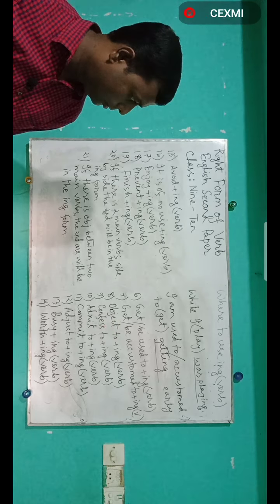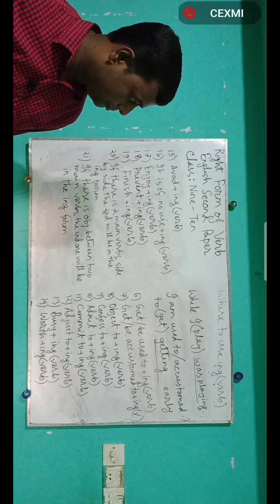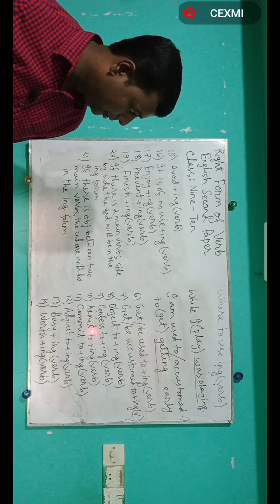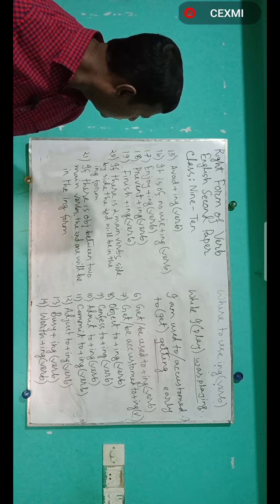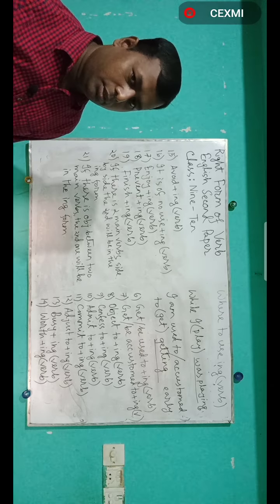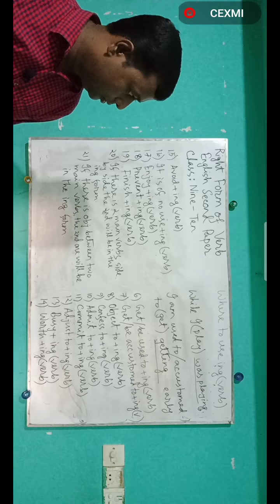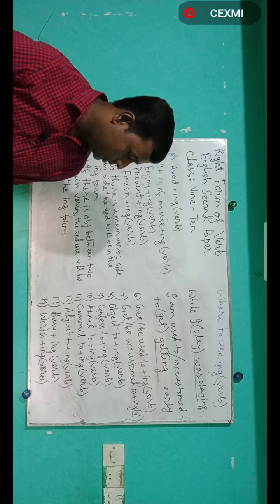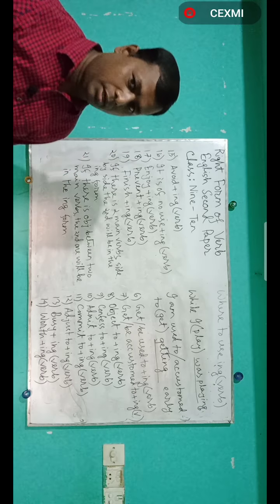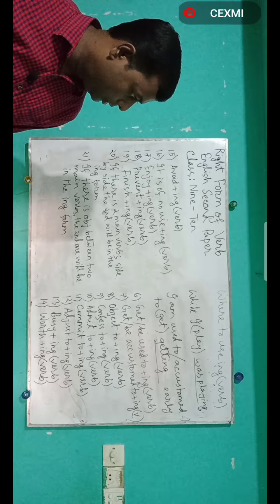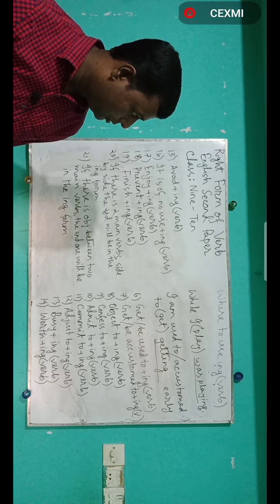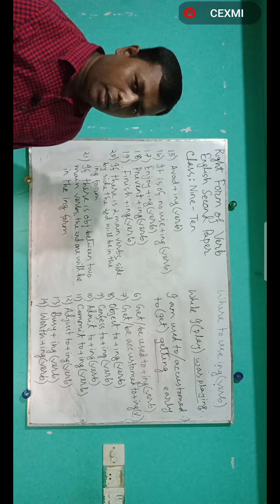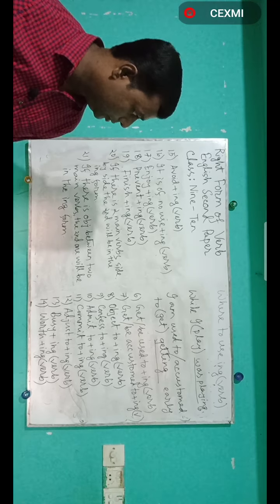For example, used to, confess to, admit to, commit to, adjust to, etc. You know that to plus base form of verb, but with these certain phrases ending with to, ing form of verb is used.